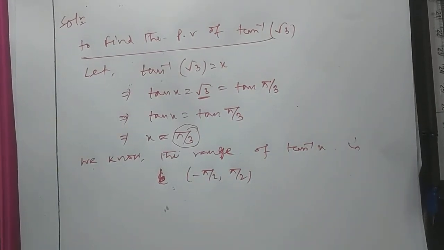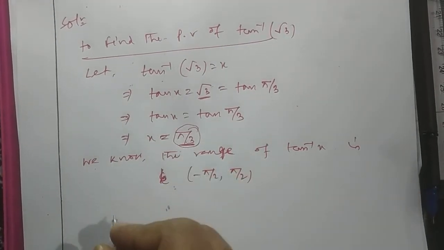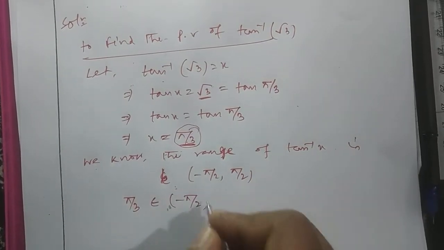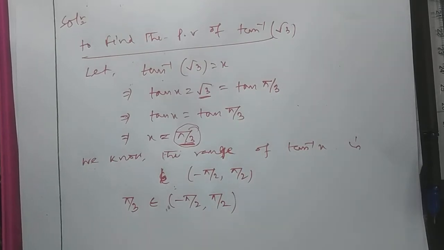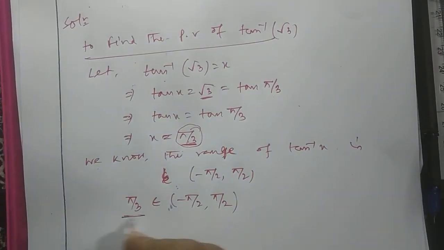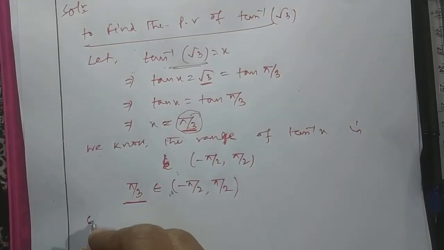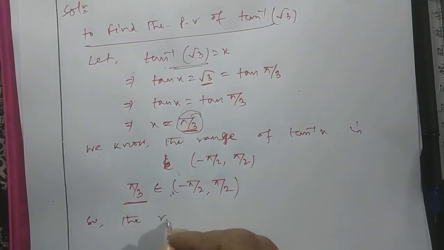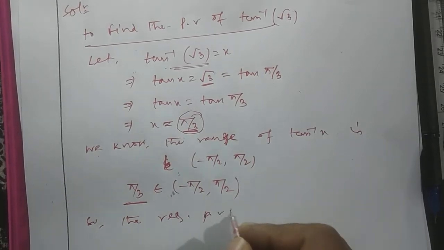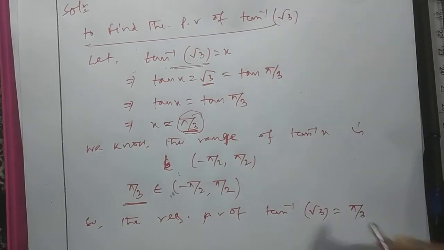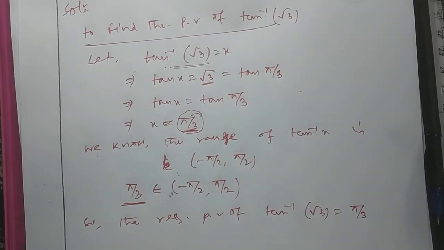If it belongs, then it will be the required PV as usual. It is clearly seen here, this angle pi by 3 belongs to the range minus pi by 2 comma pi by 2 open, correct? So the required PV of tan inverse root 3 is pi by 3, correct? In this way we get one PV.